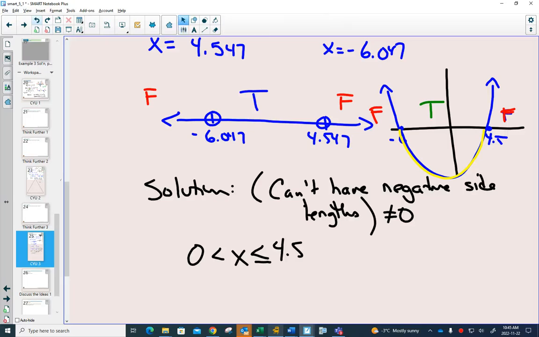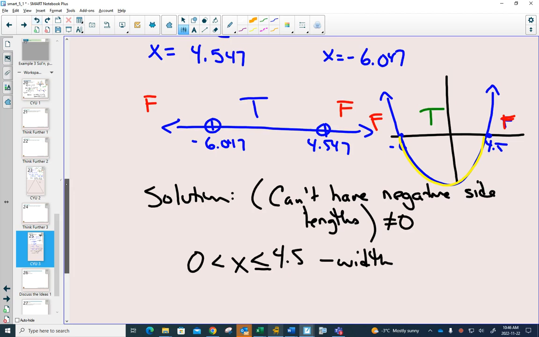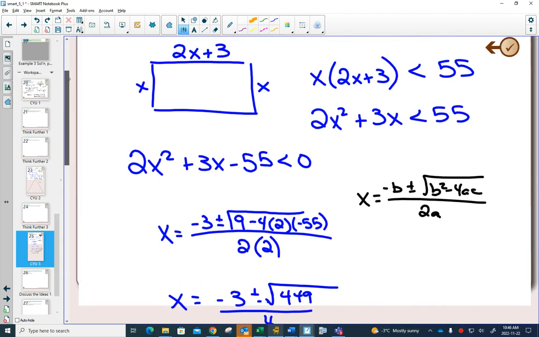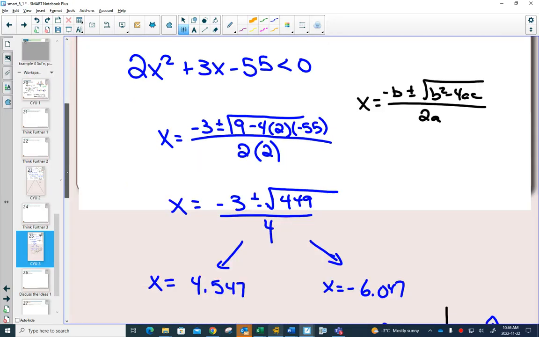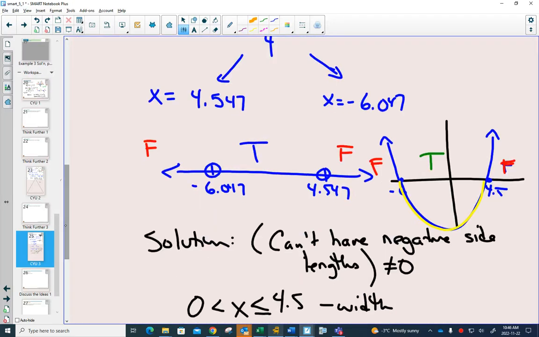So now we've solved for x. Did it ask for anything else? What are the possible dimensions? So this would be the width, right? And then if you plug 4.5 in for x, 2 times 4.5 gives you 9, plus 3 is 12, or I guess technically we should use all of the decimal places. So I'll go back to my calculator.